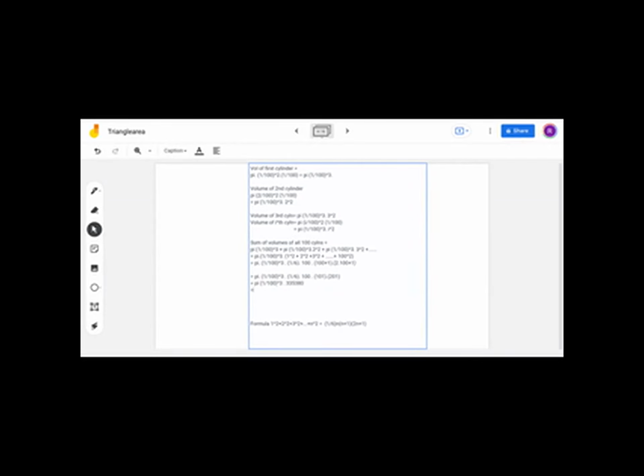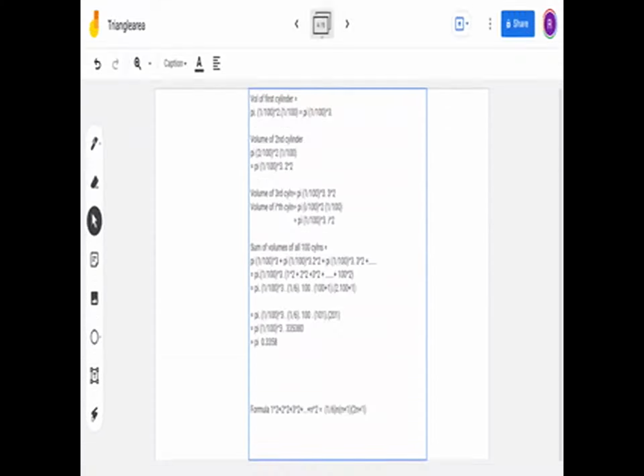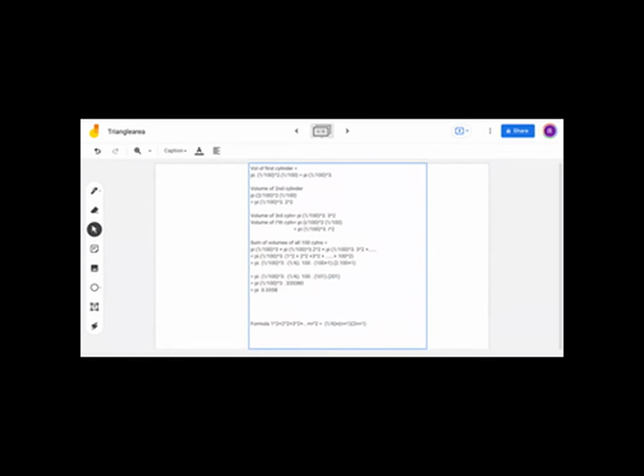Okay. Tell me how much is this? Pi times 0. How much is it? Pi times 0.3358. Okay. So is this very close to 1/3 pi? What is this close to? What is 1/3 pi if you write it in decimal?